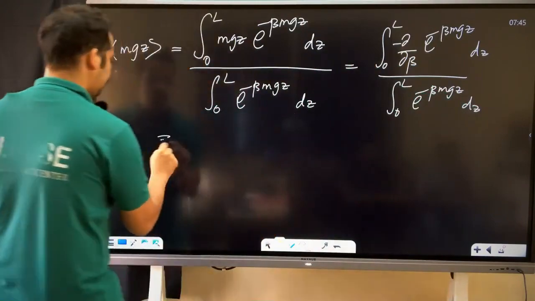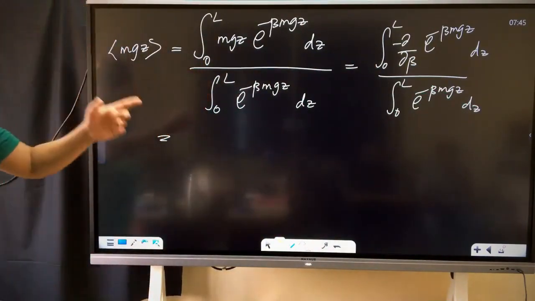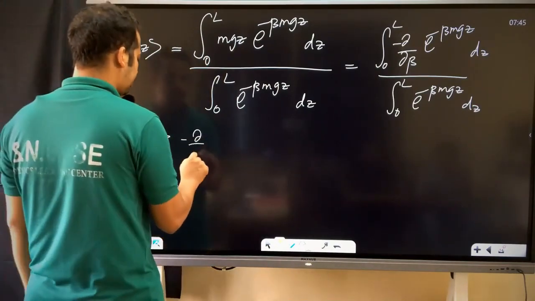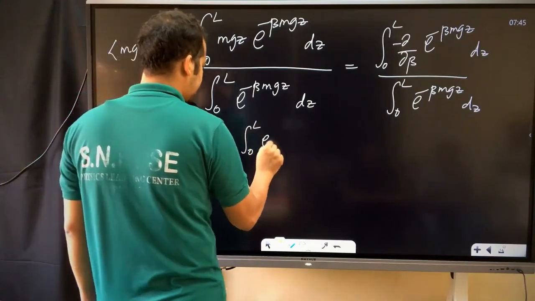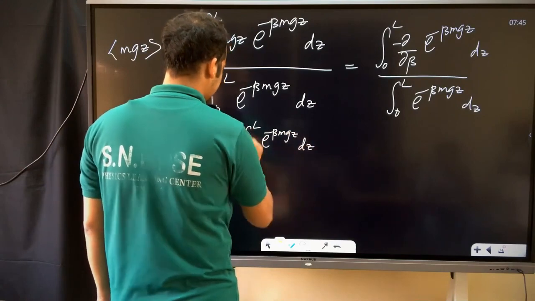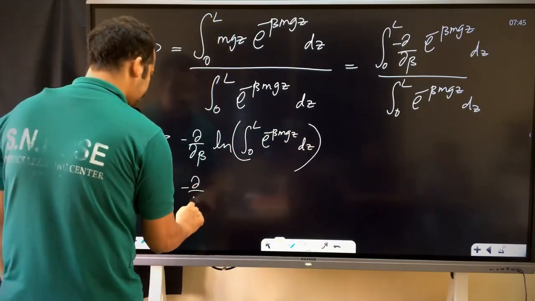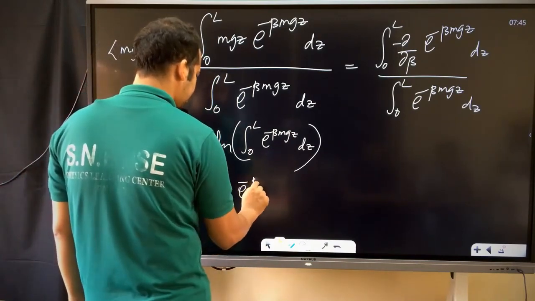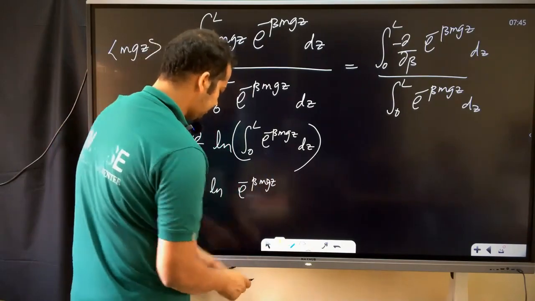So this is equal to minus dou by dou beta of log of the integral 0 to L of e to the power minus beta mgz dz. That's equal to minus dou by dou beta of log of e to the power minus beta mgz into minus mgz. Am I right?